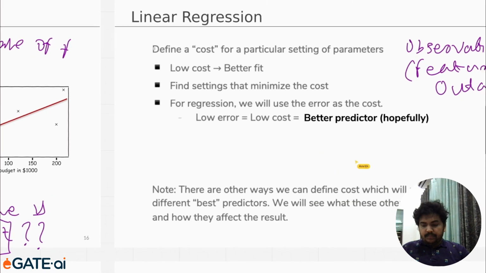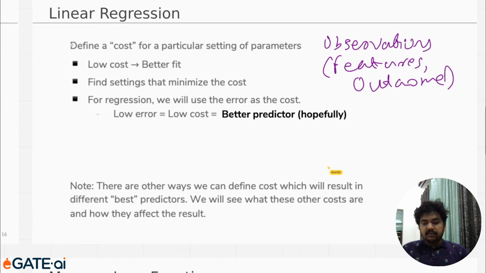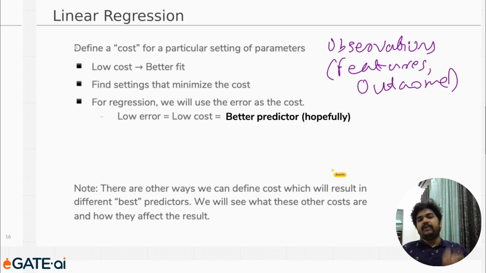So if you are going to make a mistake, that mistake has to have a quantifiable notion of cost or a loss. So we define the notion of a cost or a loss, which is computed as the difference between y and y hat for a given observation.